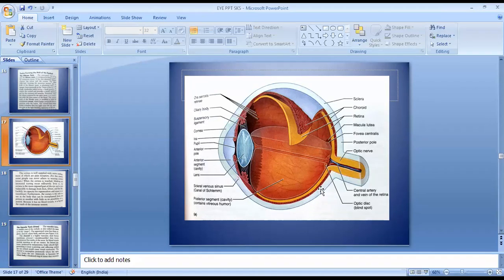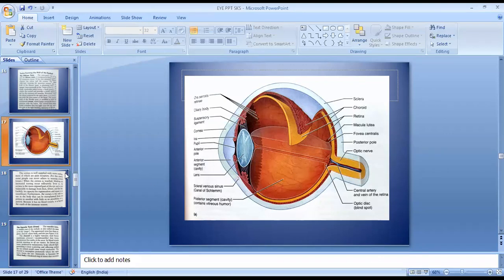This is your choroid, highly vascular, and then anteriorly it thickens up to give the ciliary bodies, and further moves to give rise to this iris over the lens. So this is all about our choroid or uvea.